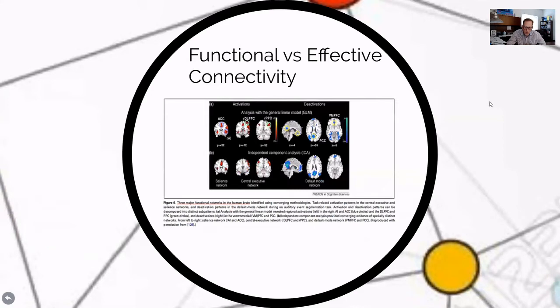We've talked about the notion of functional versus effective connectivity. On the left-hand side here, you see some of these network activations typified with functional connectivity metrics, and on the right with effective connectivity metrics.